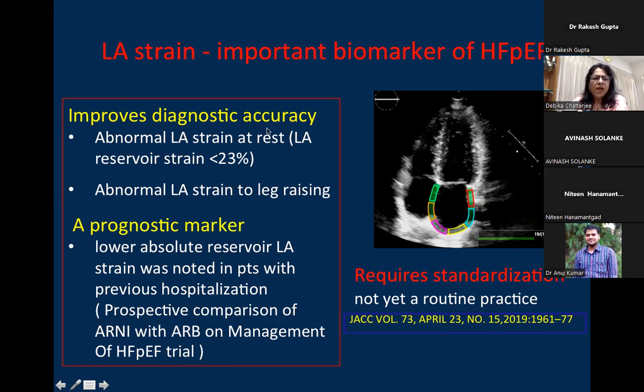It improves the diagnostic accuracy if the LA reservoir strain is low, and it is a prognostic marker also, because lower absolute reservoir LA strain was noted in patients with a previous hospitalization. This was seen in the prospective comparative study of ARNI with ARB on management of HFpEF trial.